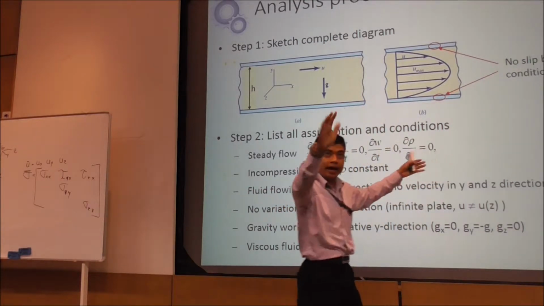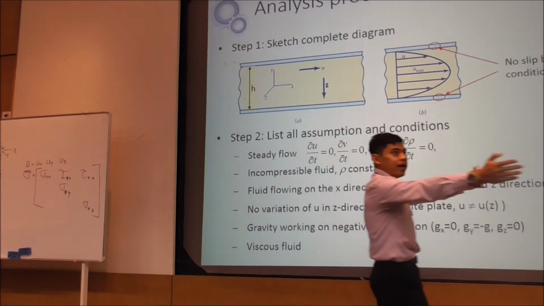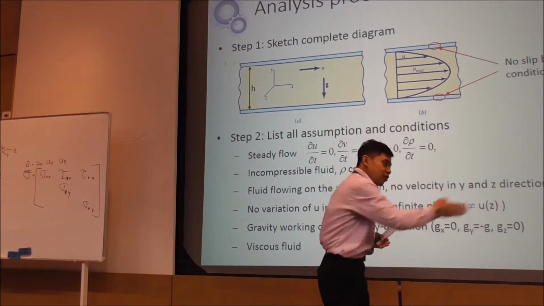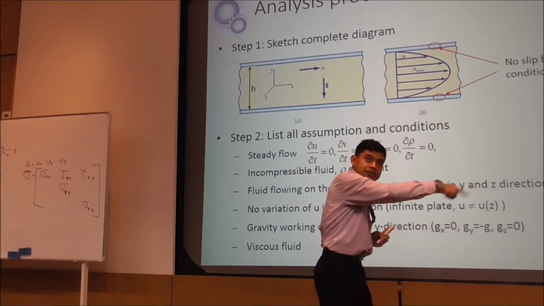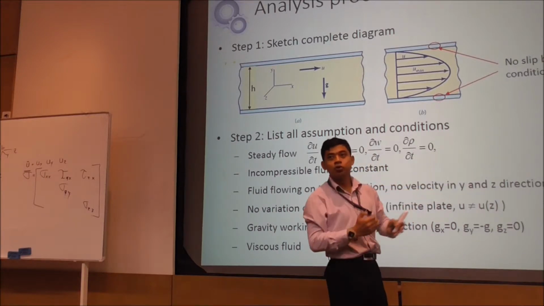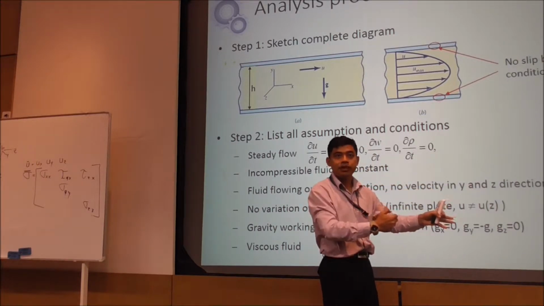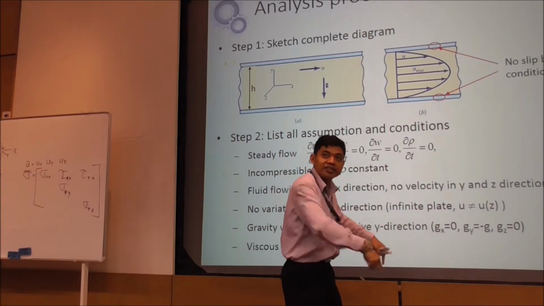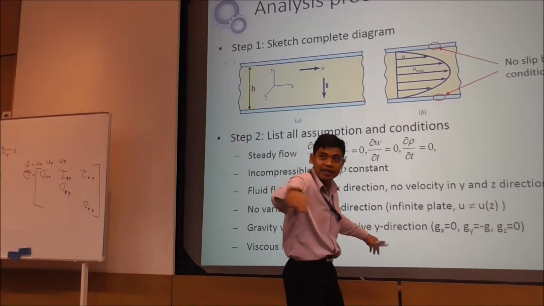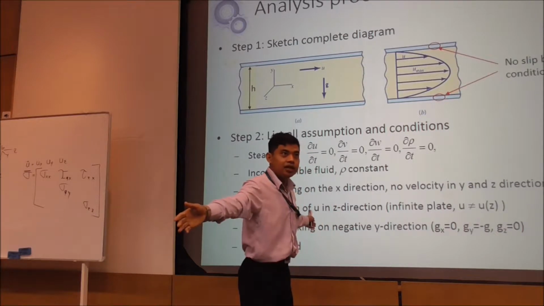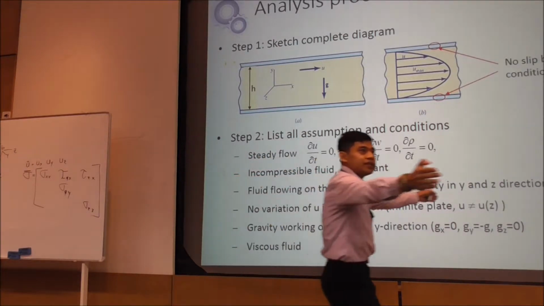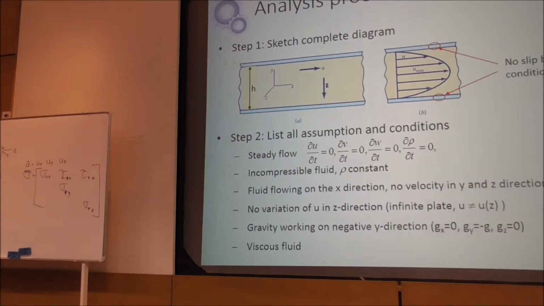Or the hand moves faster than my body, which means the velocity, even though it is in the same direction, it is u, right? The u component, only in the x component. But u is a function of y or z. You can see now that u is a function of z also, right? The hand can be faster than this one.